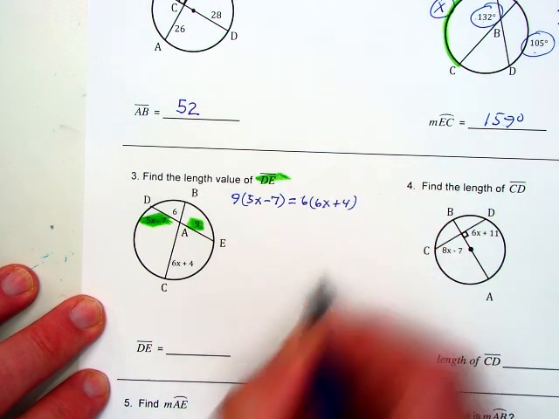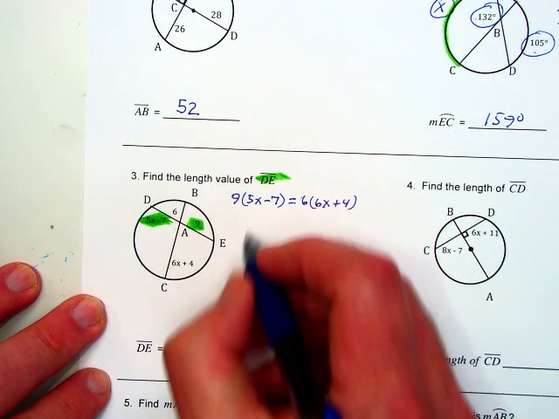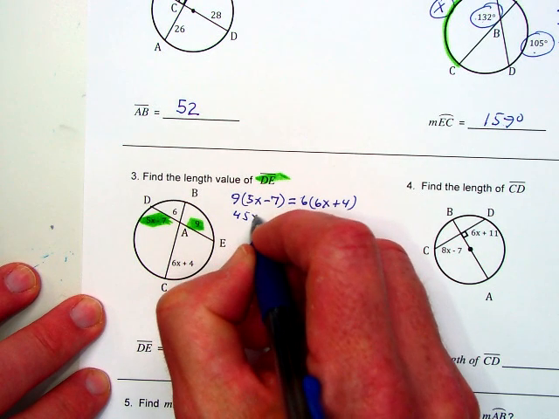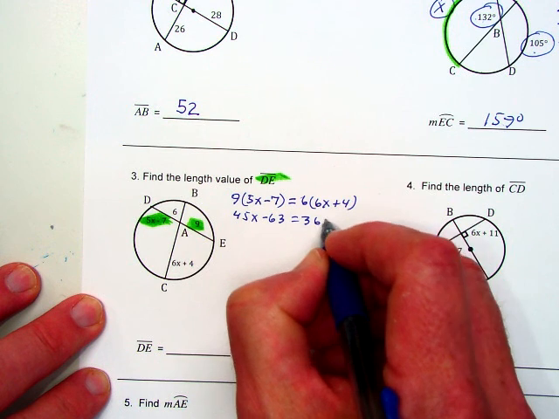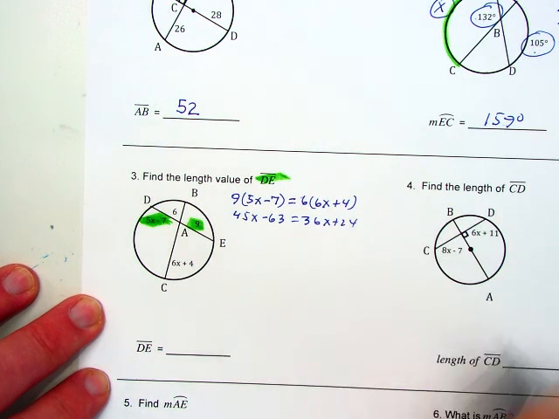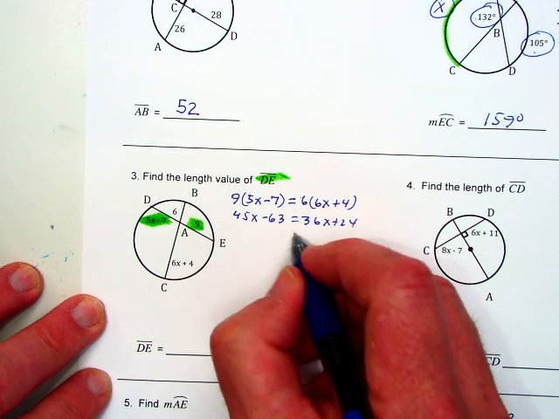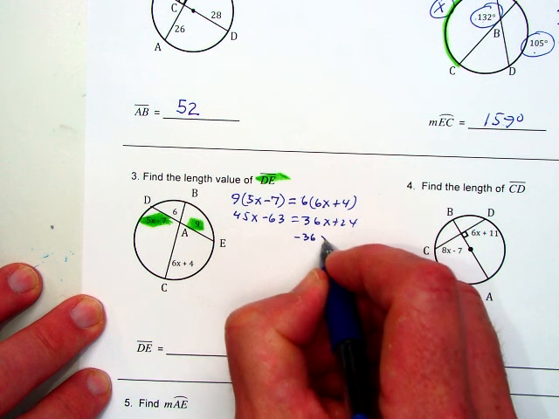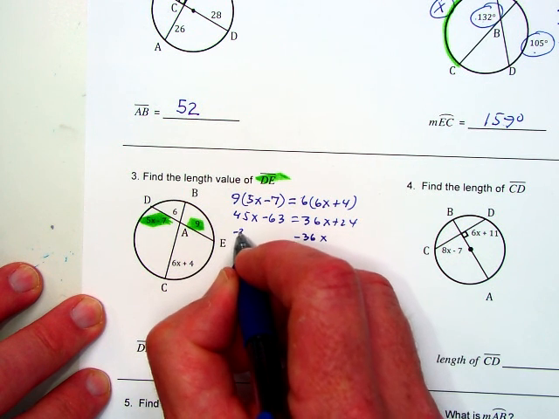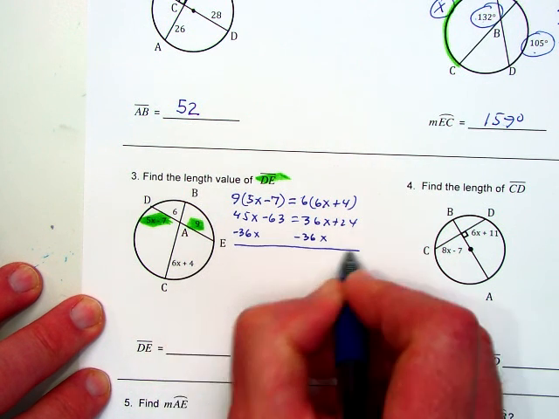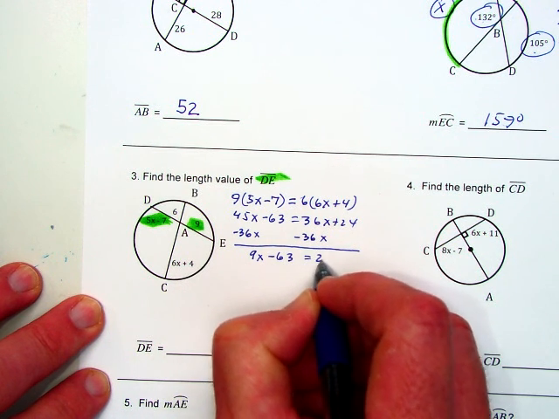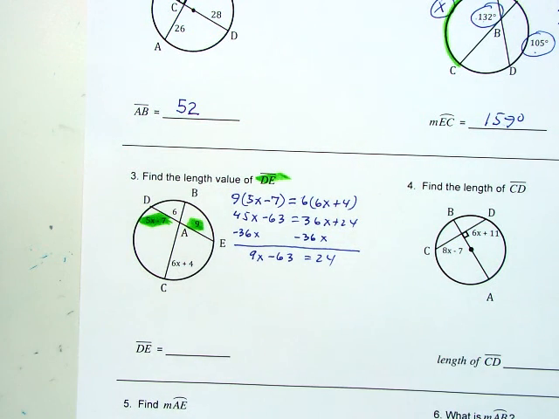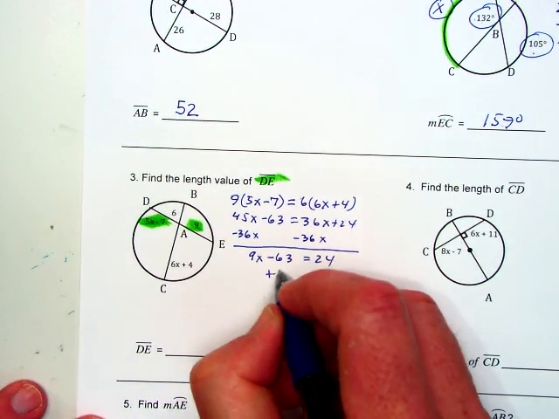Okay, there's my setup. So if I multiply this out, I get 45x minus 63 is equal to 36x plus 24. Okay? All right, at this point, I'm now going to go subtract the 36x because I got to collect like terms. And I get 9x minus 63 is equal to 24. Okay, I'm going to add the 63 to both sides.